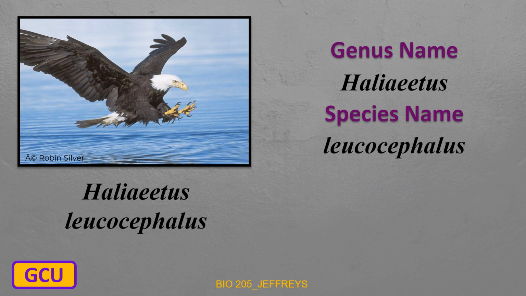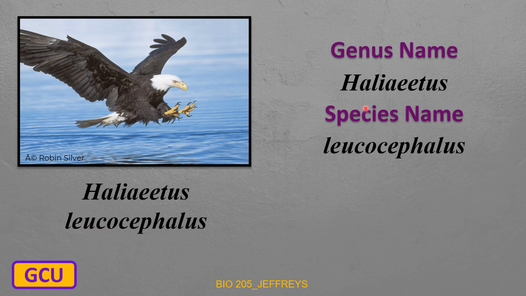And so here we see the bald eagle. This is Haliaeetus leucocephalus. By the way, you can often tell a lot about an organism from its name, not so much the Haliaeetus, but the leucocephalus. Cephalus means head, and leuco means white, so white head. That's the bald eagle, yeah?